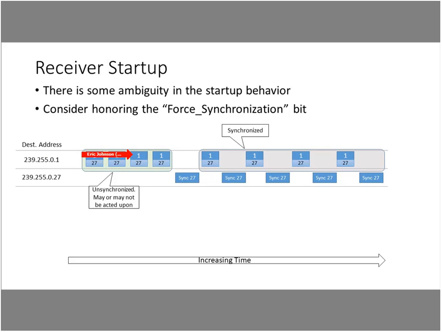If you see a sync packet, then obviously you know that you are in the synchronized state and you follow those rules. Generally, it might just be a good idea to honor the forced synchronization bit. It's not defined that way in the standard, but if the bit is cleared to say force synchronize, just wait however long you need until you get the sync. And if it's set to allow freewheeling, then freewheel.